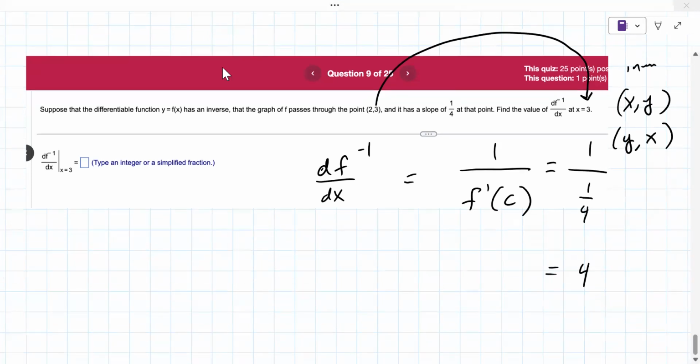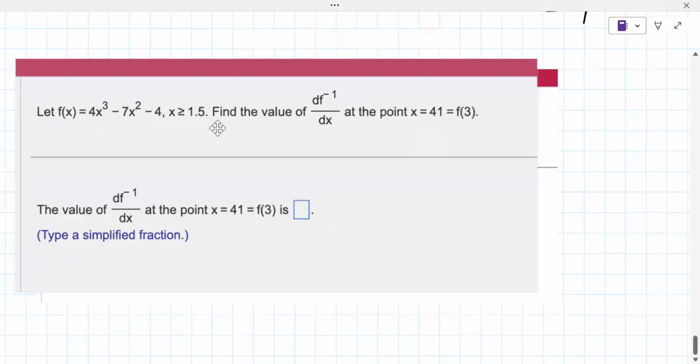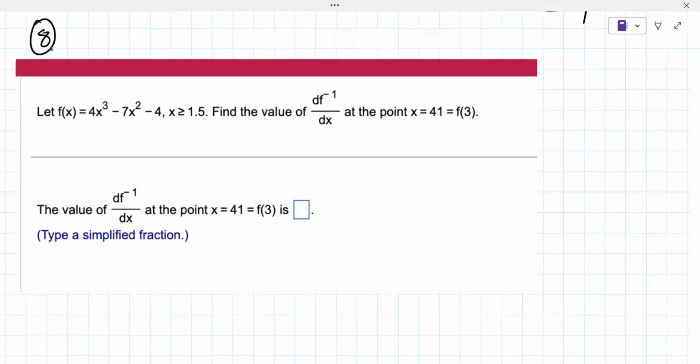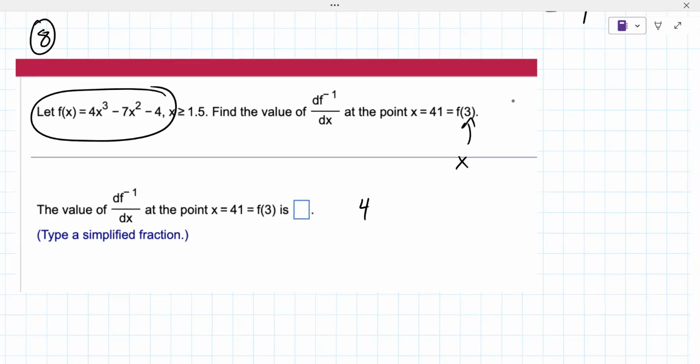Okay, all right. So in the next problem here, which is number 8, which should have come before that one, or it should have come after the other one. The first thing is that they always give you a function. They tell you that when you put 3 in for x, this is now f(x), 4 times 3 cubed minus 7 times 3 squared minus 4. Could you calculate that for us, please? This is putting 3 in for x. Tell me what you come up with.